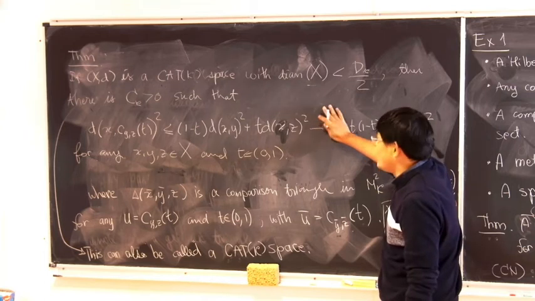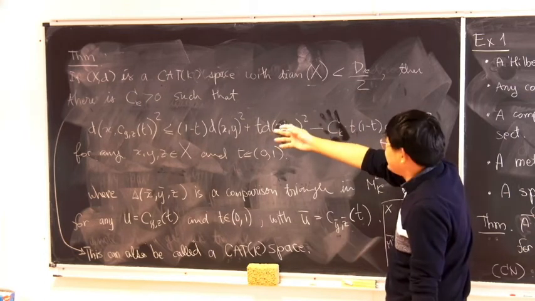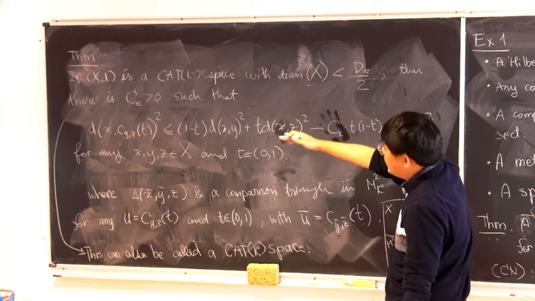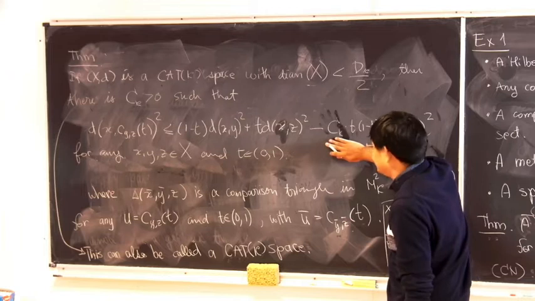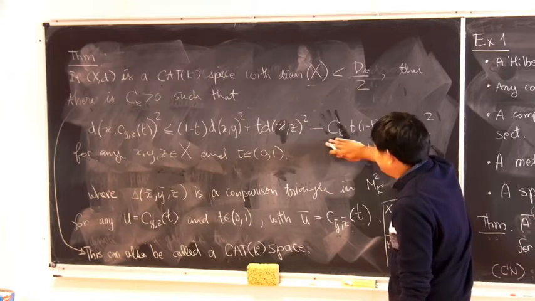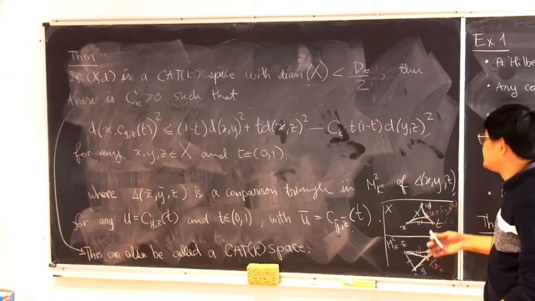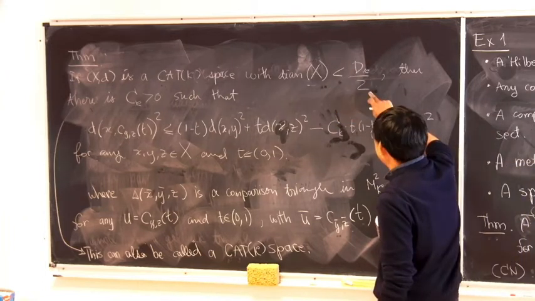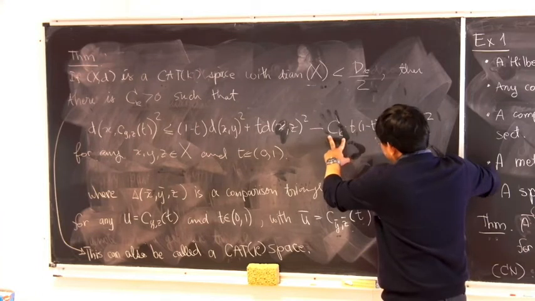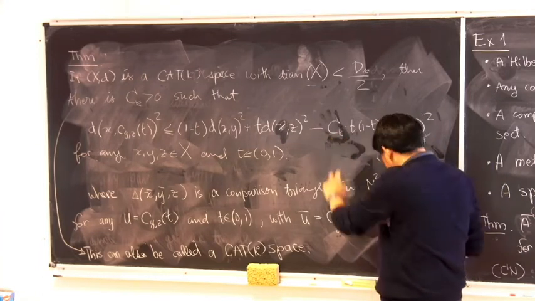So we can roughly say that when kappa is less than or equal to 0, then C kappa is 1. But here, when kappa is positive and the diameter is less than D kappa over 2, then we have C kappa here, which is not 1.